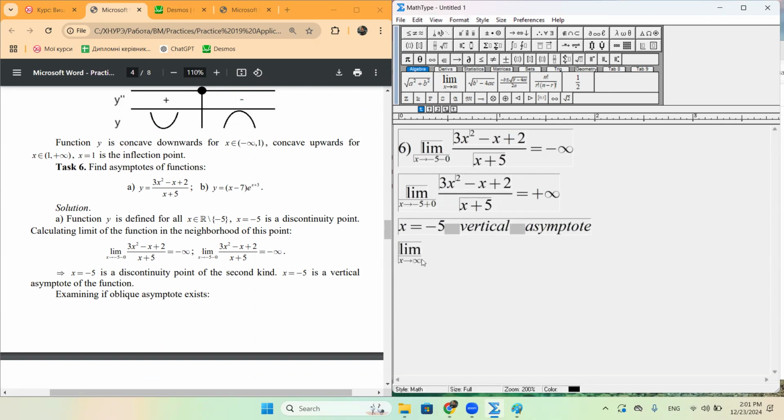We calculate the following limit when x approaches infinity: f of x divided by x. So we calculate the slope k of the asymptote, but an oblique asymptote doesn't always exist. It exists only if k is finite, so when this limit is not infinite.